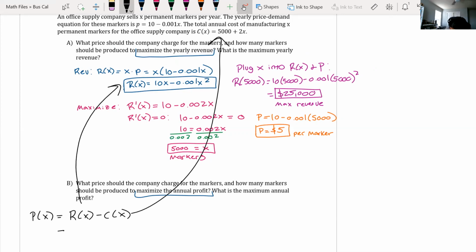So we're going to plug those in. Let me keep that up there. Revenue is 10x minus 0.001x squared minus, and remember, whenever you plug in the cost function, always put it in parentheses, because that negative outside has to distribute.